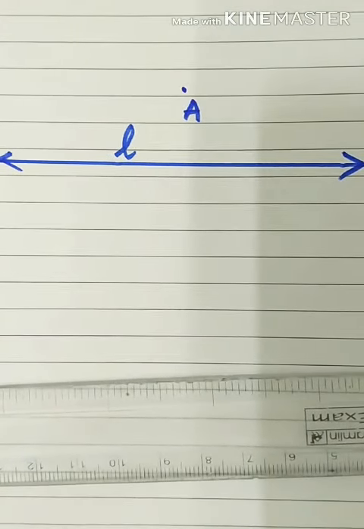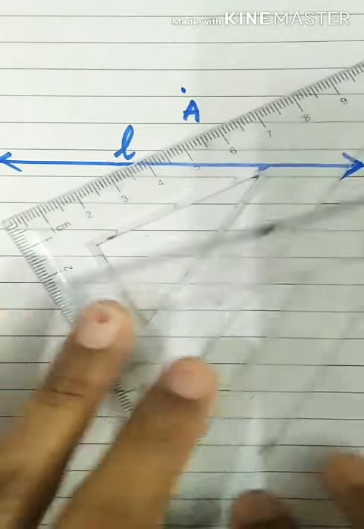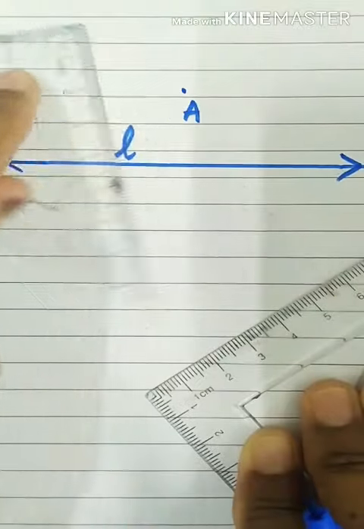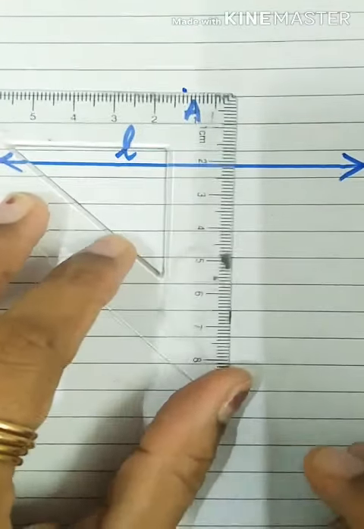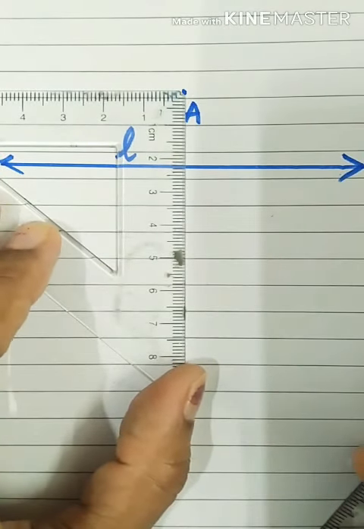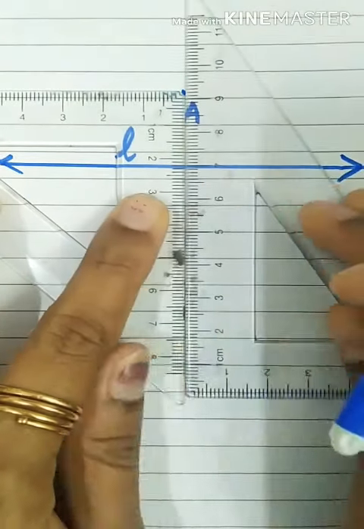Now we will do this by different methods. The first method I'll explain: we will do it with set squares. So you should be ready with your set squares. Now, first set square, keep it so that this part touches point A this way. The next set square, keep it this way.